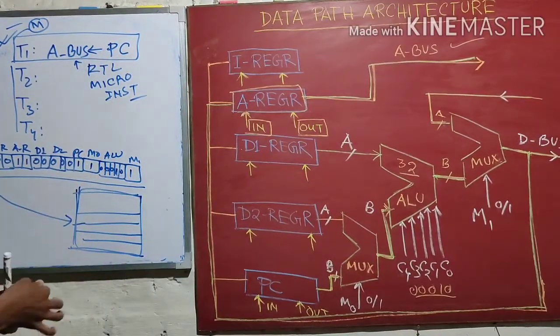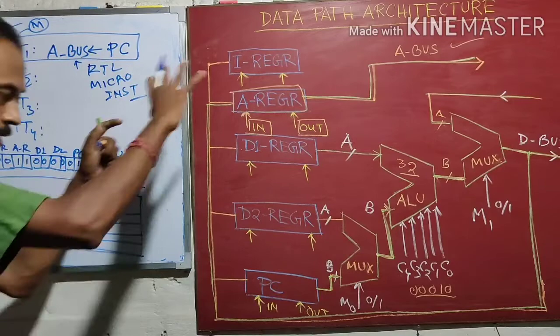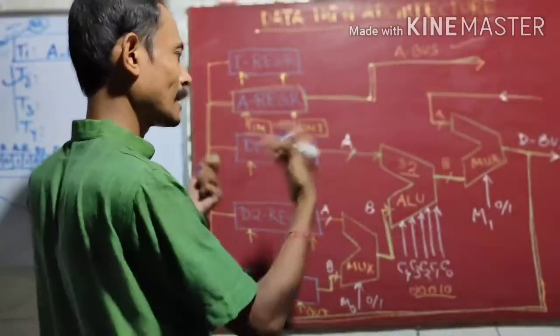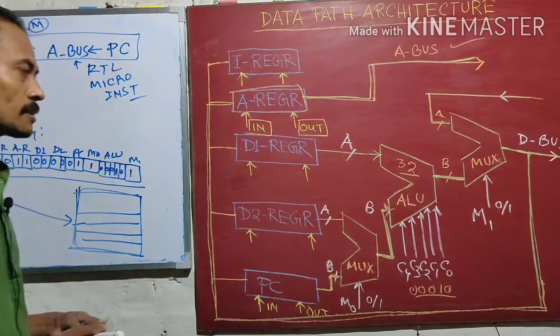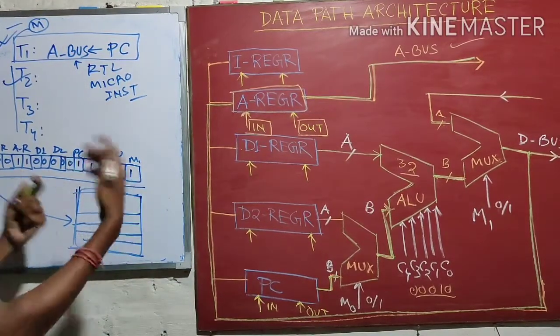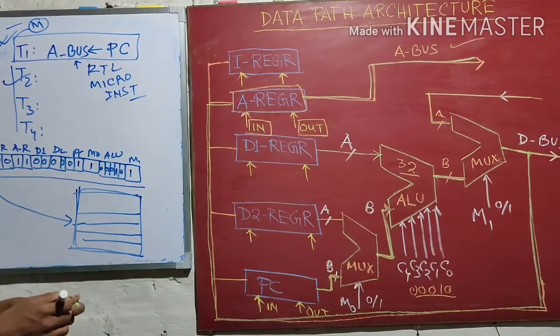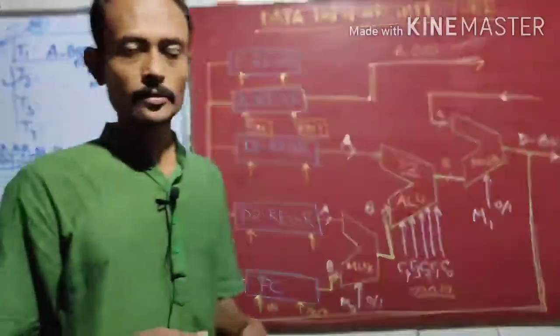To execute another state, another set of control signals will be generated by the controller, a different path will be set, and that particular operation will be done. This way the controller will generate the different control signals, that means the micro instructions, and this way the different states will be executed by the CPU and your instruction will be executed.